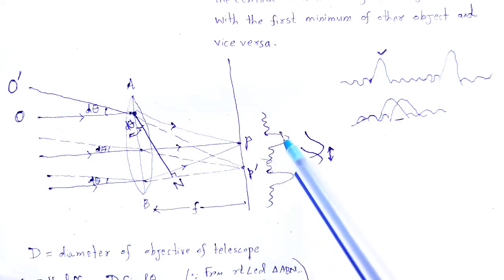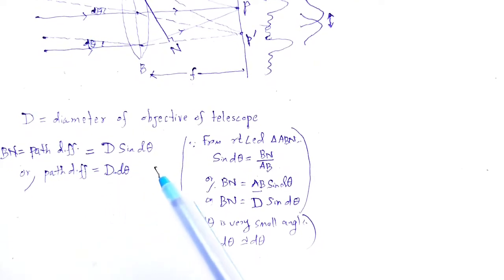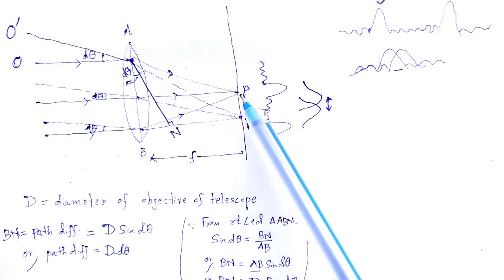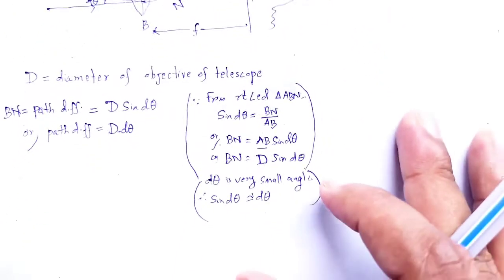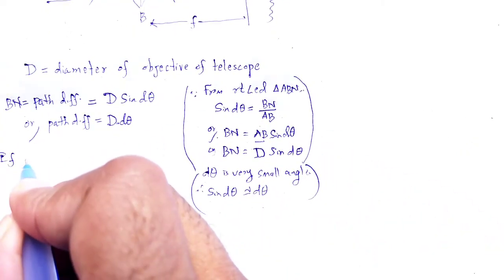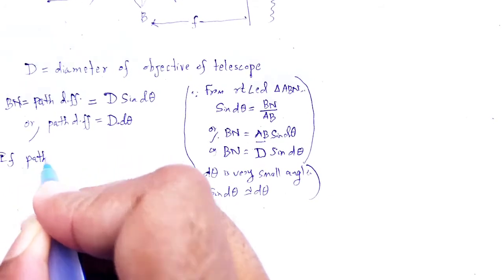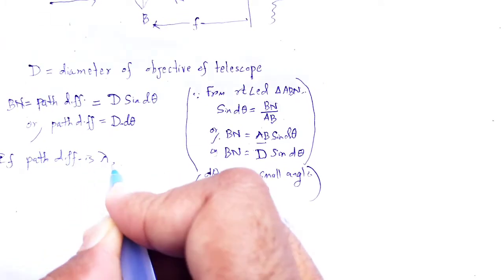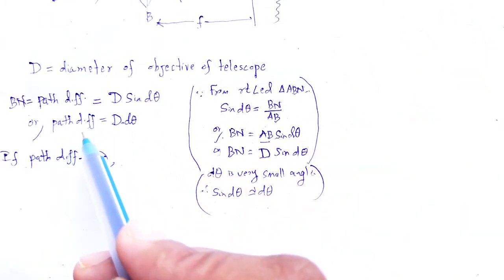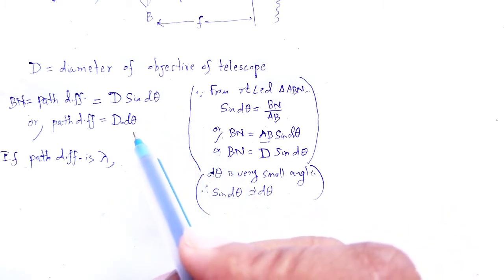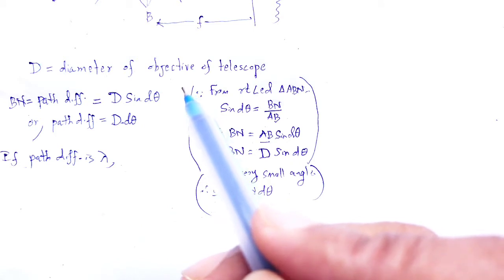For first n equal to 1, the path difference is equal to lambda, then the first minimum of P dash falls on the central maximum of P. So if the path difference is lambda, look at that expression, if the path difference is an integral multiple n lambda, that is the condition for minimum.